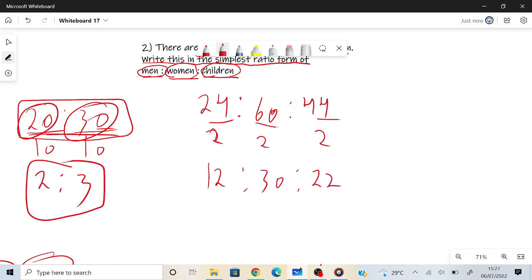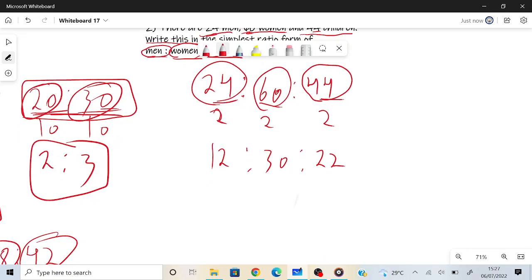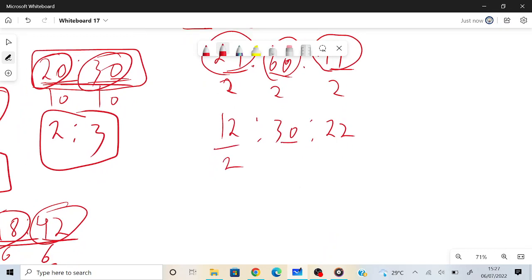Now again, I'll repeat it. In order for you to divide everything by 2, you need to make sure that all your numbers are even, because 2 can only divide even numbers. And we can divide this by 2 again, all of it by 2. So doing that again, we would now have 6 to 15 to 11.